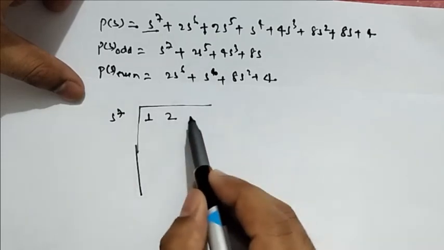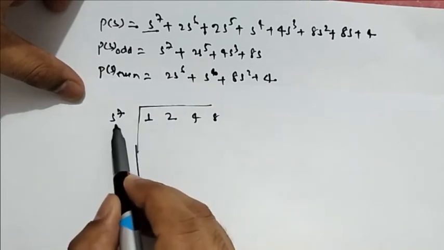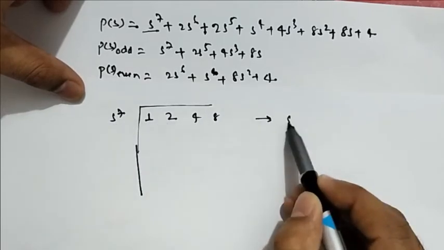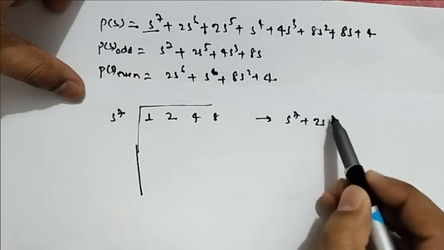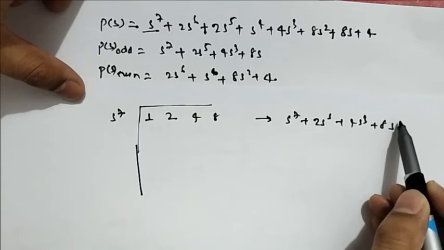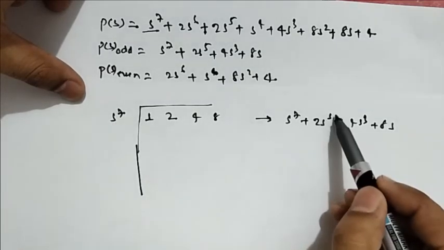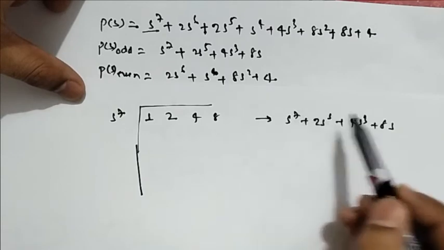This will be 4, 8. Looking at this, we write s to the power 7, 2s^5, 4s^3 and 8s. This will be subtracted by the -2 term everywhere.